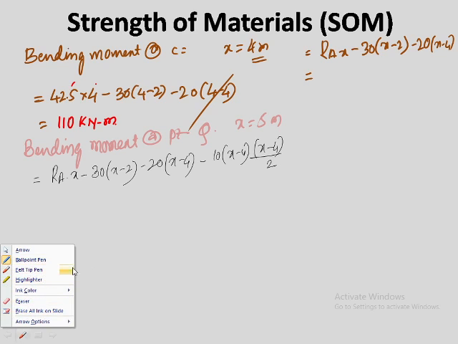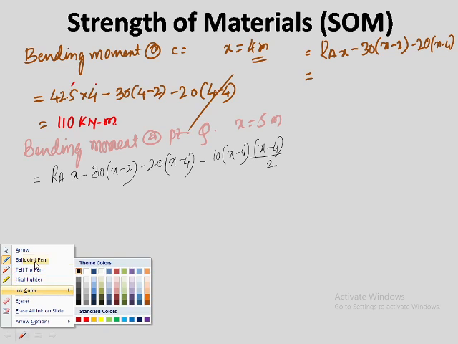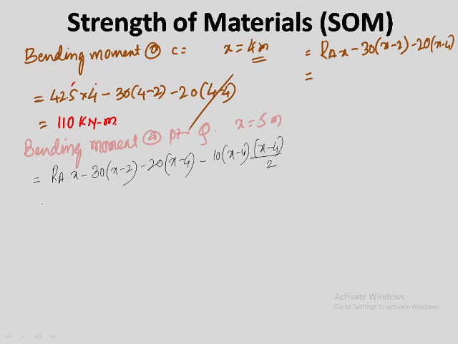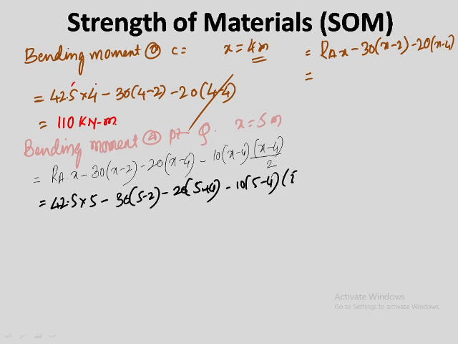Now let us substitute x equal to 5. RA is 42.5 into 5, minus 30 into 5 minus 2, minus 20 into 5 minus 4, minus 10 into 5 minus 4 into 5 minus 4 by 2.